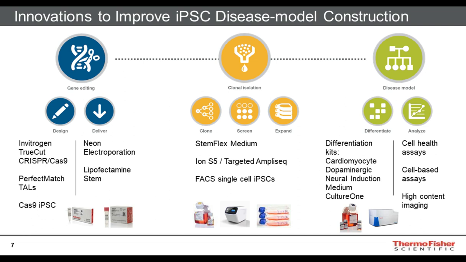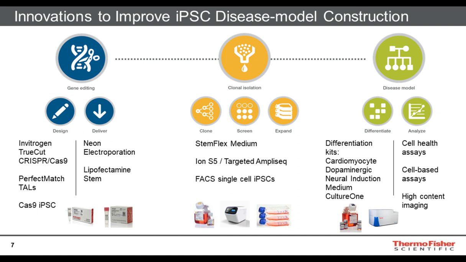So in the past couple of years, Thermo Fisher has worked on a number of innovations to improve that genome editing to help in the iPSC disease model construction. At the level of genome editing tools, we developed a Cas9 protein called TrueCut Cas9, which works very well for genome editing in pluripotent stem cells.